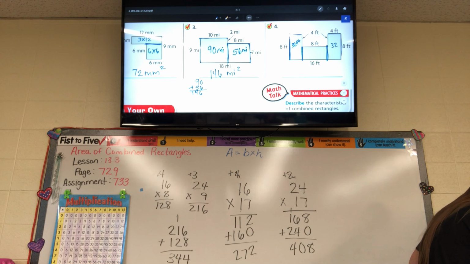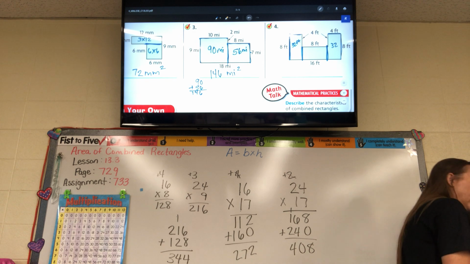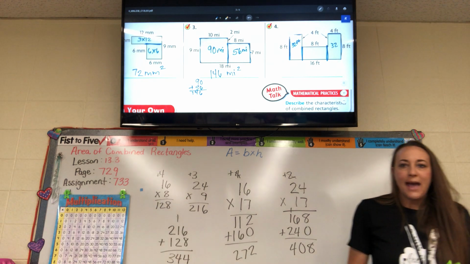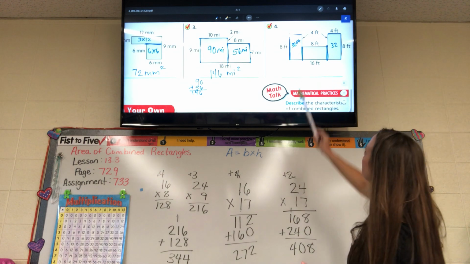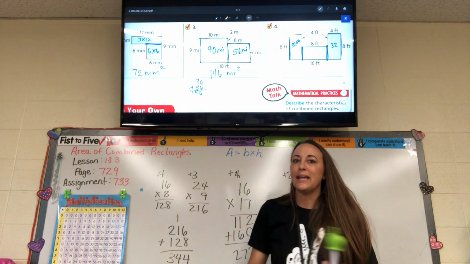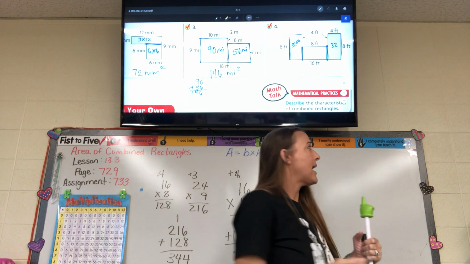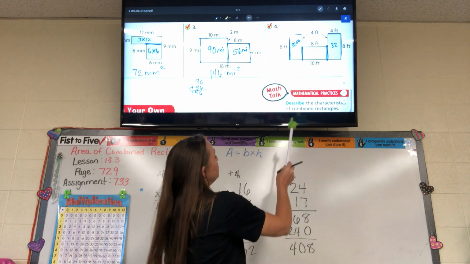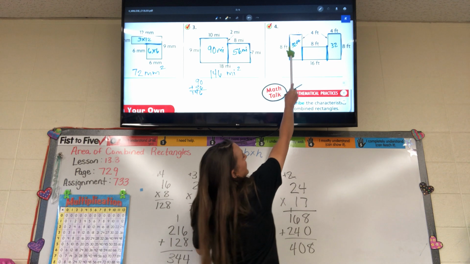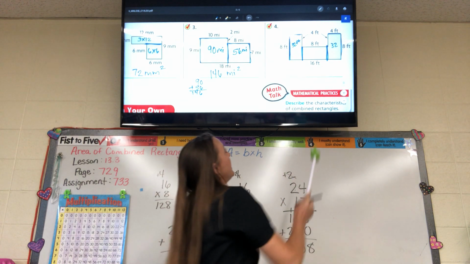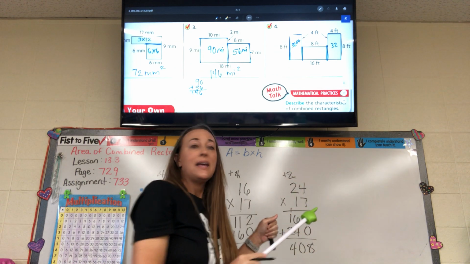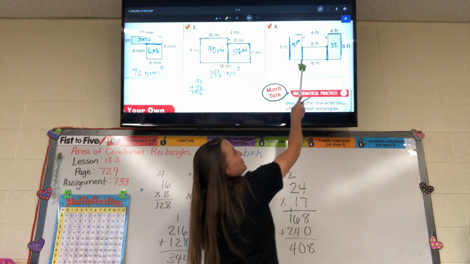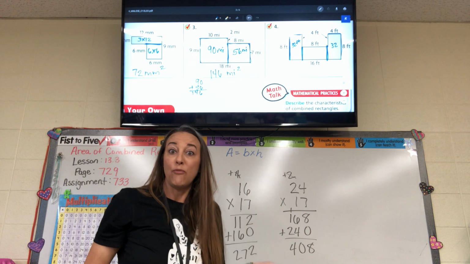Now, I've got this guy in the middle, and I have to figure out how tall one of these lines is, right? So I can't just guess, I have to figure it out. If I see that this line here is 8 feet, and this line here is 4 feet, how long does this line have to be? Has to be 4, right?